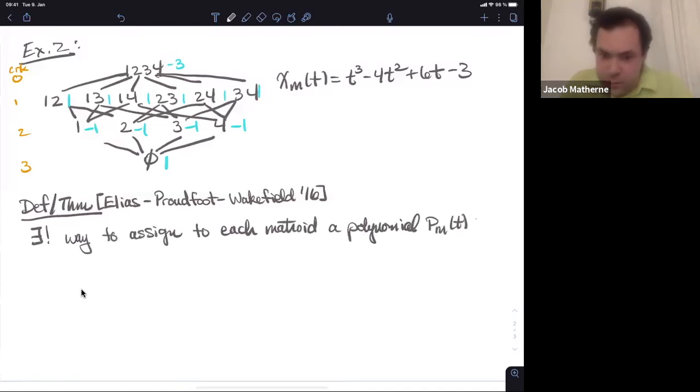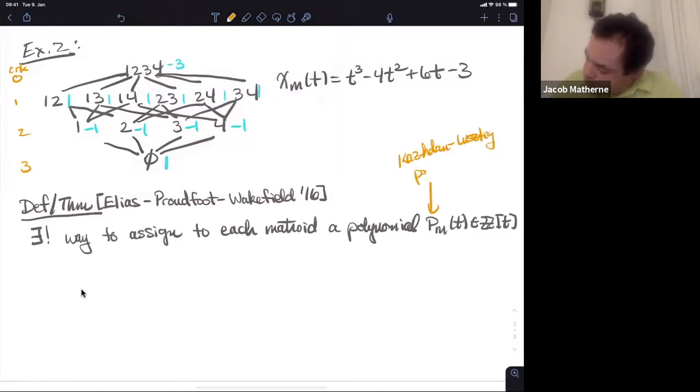I'll call this polynomial P_M(t). So this is called the Kazhdan-Lusztig polynomial of a matroid, satisfying the following things.